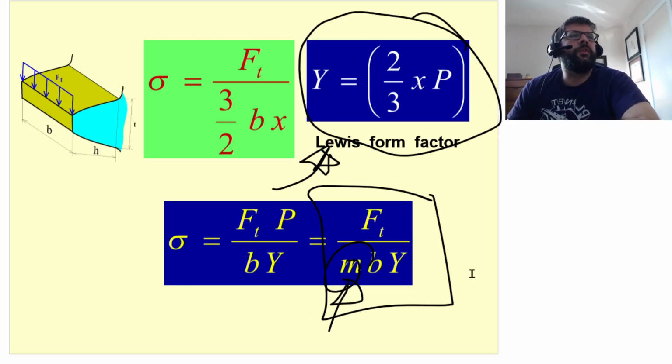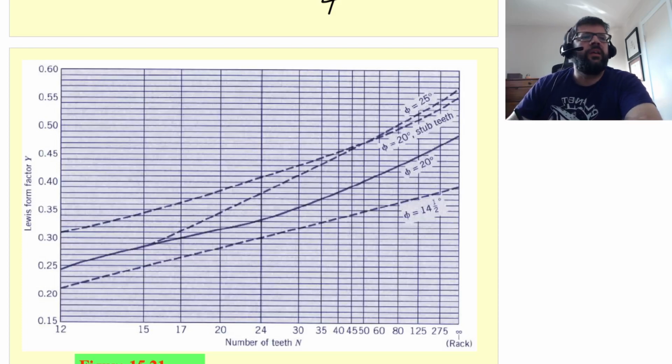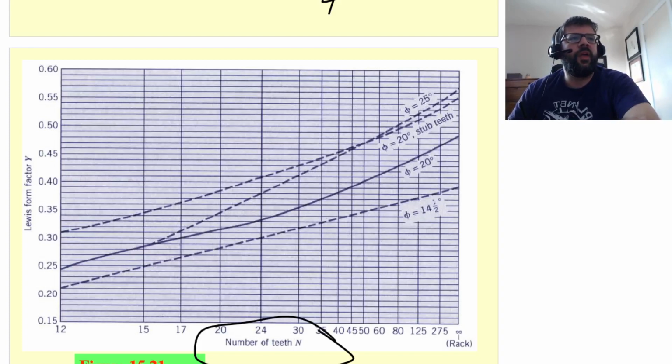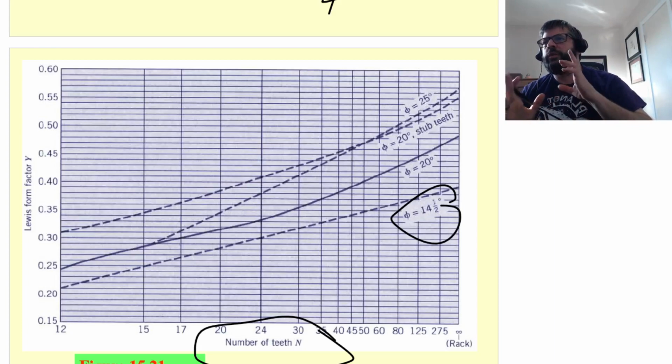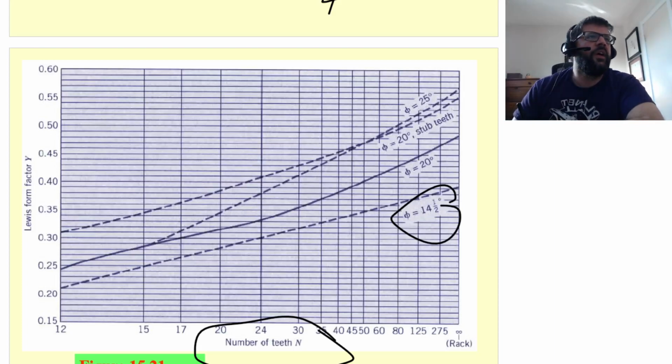So the Lewis form factor, that y there, is a function of the number of teeth and the pressure angle. And again, that's basically the ratio of the geometries that we're talking about. So you just go ahead and look up.